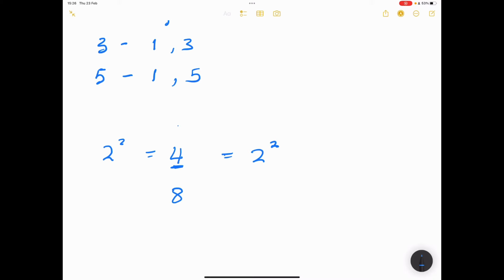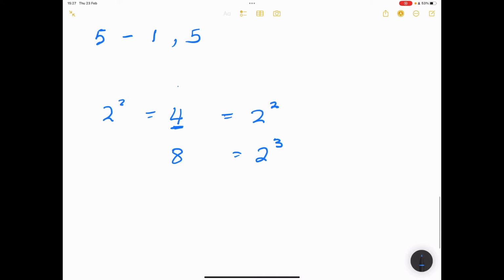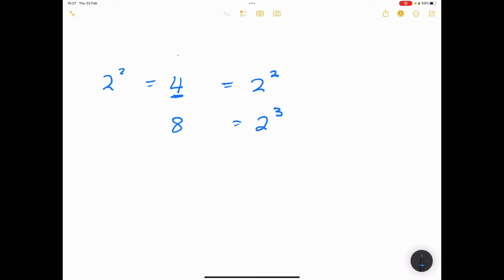How can I represent it with a prime base? In this case I can write it as 2 cubed, right? So it's important to know those, right? Let's say something like 9, right? How can I write 9 with a prime base? In this case, that would be 3 squared, okay?